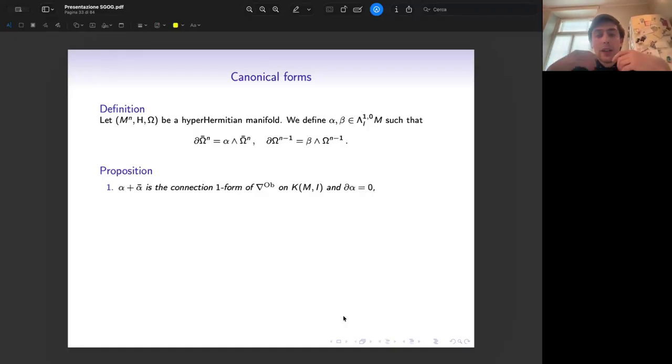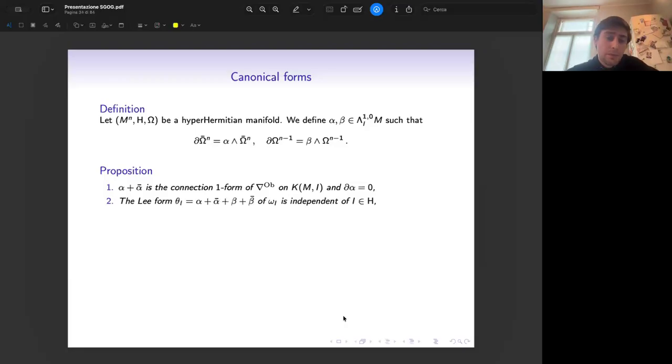But more importantly for us, alpha and beta are encoding some information on both the torsion of the Chern connection and the Bismut connection, and curvature information of both the Chern connection and the Bismut connection.